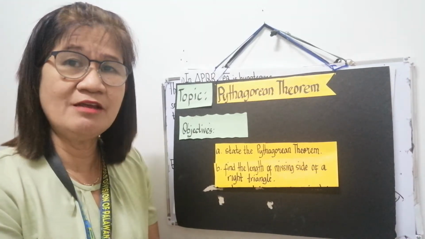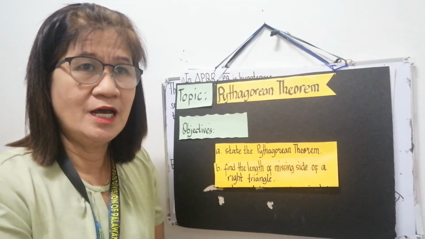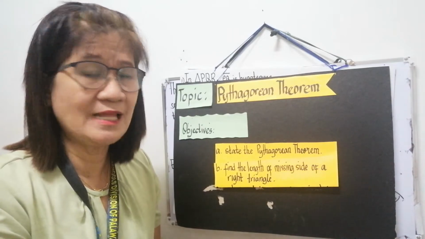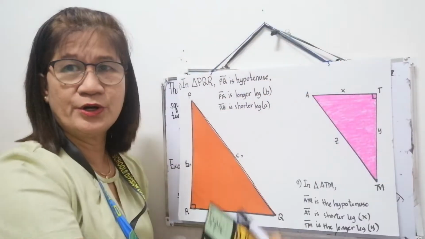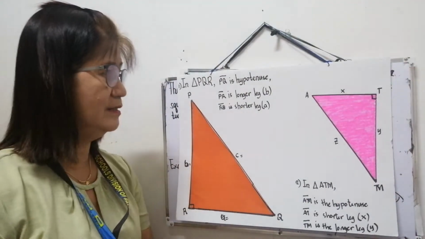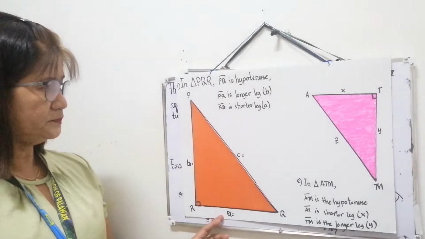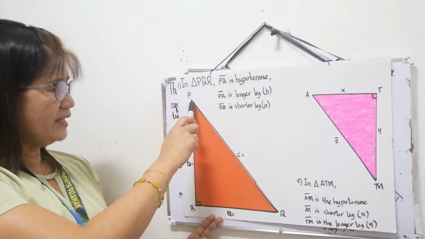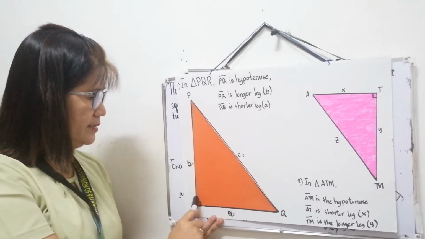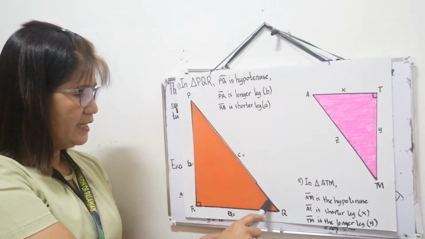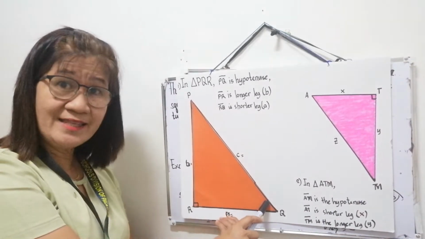So, kailangan maging familiar kayo sa different parts ng triangle. I will show you some figures of a right triangle. Look at this. In triangle PQR, this triangle is a right triangle.